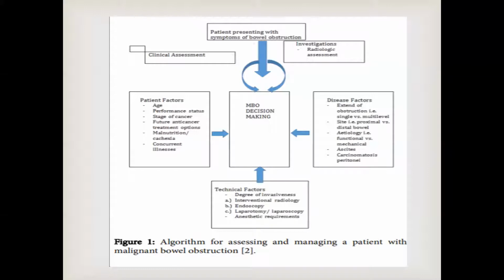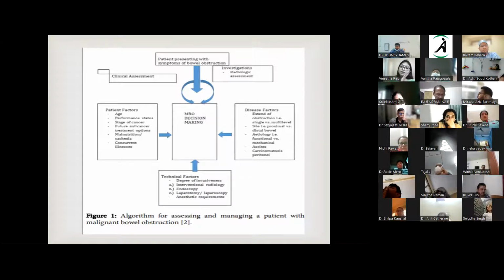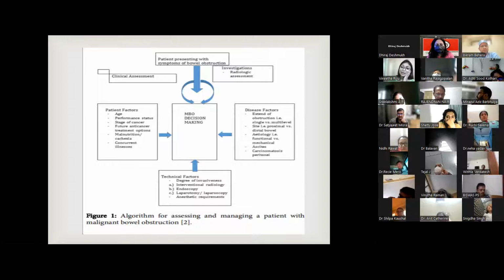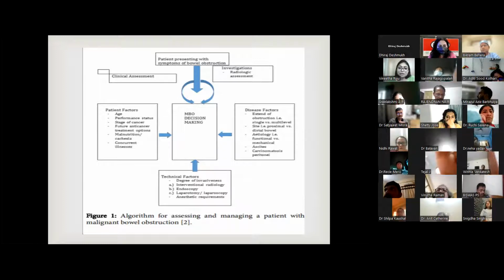It's sometimes even contributed by just electrolyte imbalances, something which is totally reversible. So again, you look at what the etiology is, whether there is ascites, whether there is carcinomatosis peritonei. Now, these are all poor prognostic factors. These are factors which, if present, tell you that your patient is not fit for surgery, and you go in for medical management.